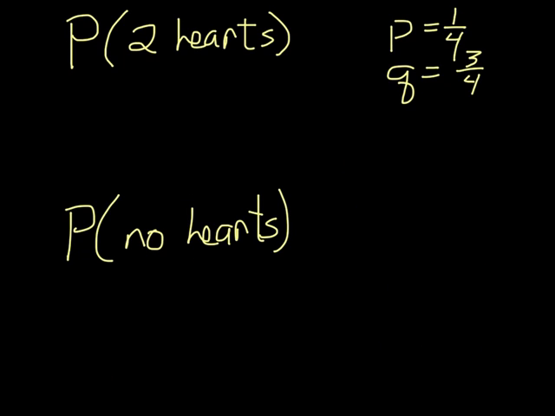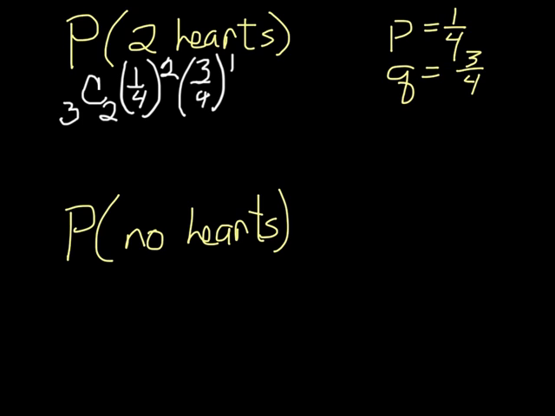So to finish our example, I want to show you 2 quickies and how they fit in the formula. The first one is, what's the probability of 2 hearts? Well, from before using that experiment, I would say the probability of 2 hearts is a combination of 3 trials taken 2 at a time getting a heart, then p, which is 1/4, I want to raise to the 2 power, 2 successes, and then 3/4 I want to raise to the first power.